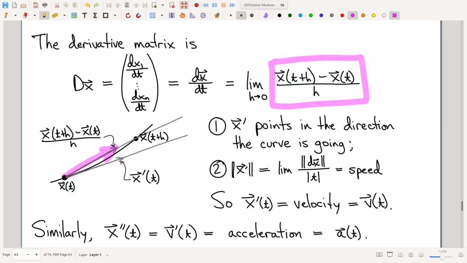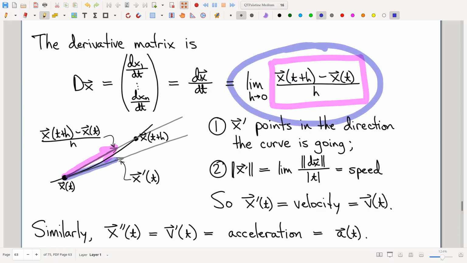And I'm sure y'all recall in single variable calculus, when h approaches 0, you talk about the limit as h approaching 0 here. These lines, I'm sure you remember the term secant lines. As h gets smaller and smaller, these points get closer and closer. That line becomes more and more like a tangent line. And in the limit, we will actually have a vector in the direction of that tangent line.